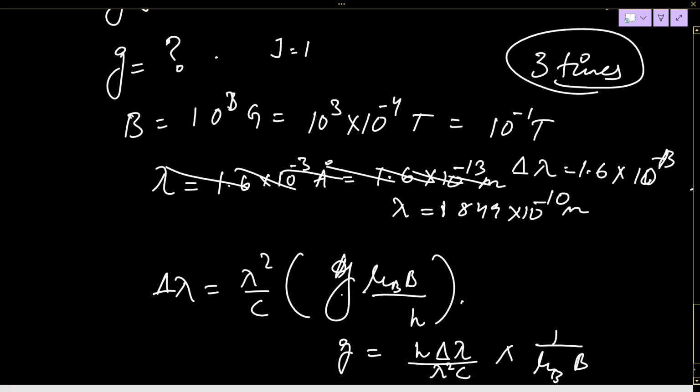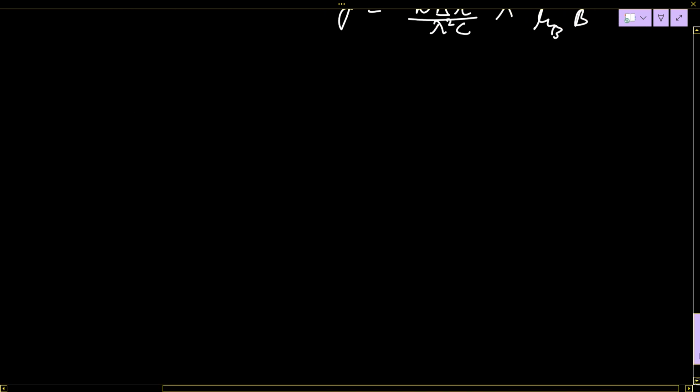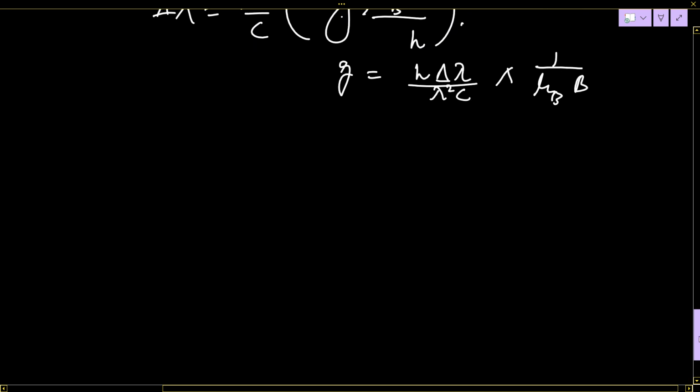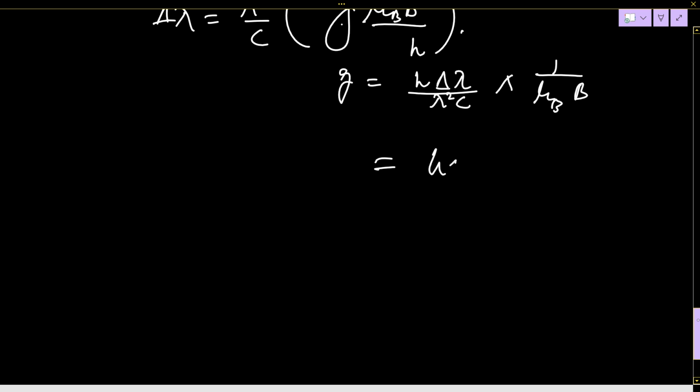Now see. There's another thing if you can remember from here. Just a second. If c by mu b has a value, so what do you do?